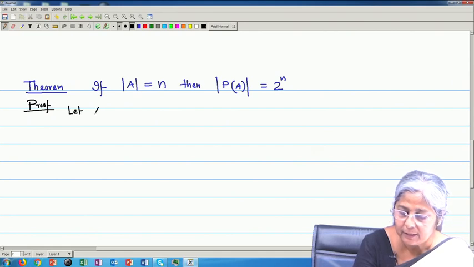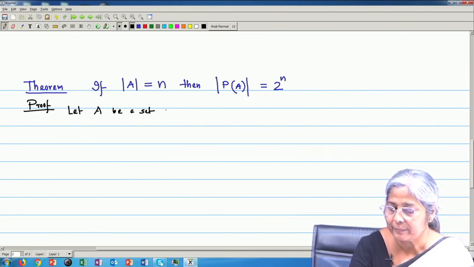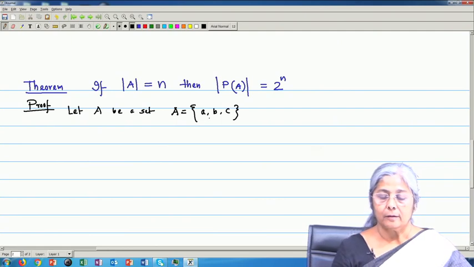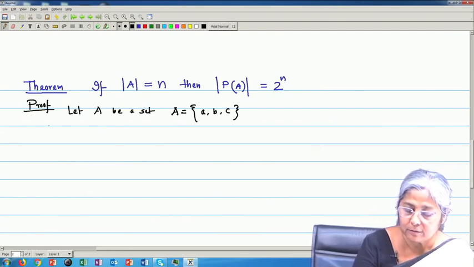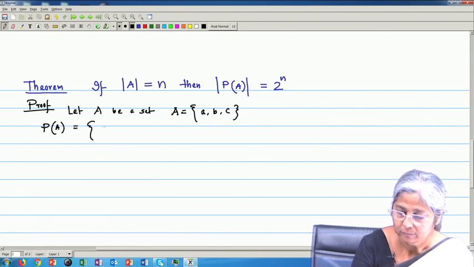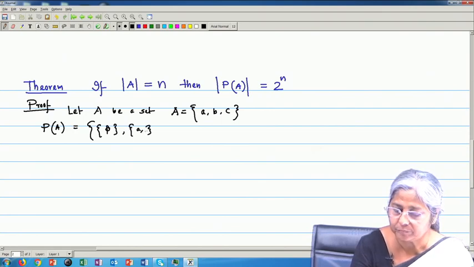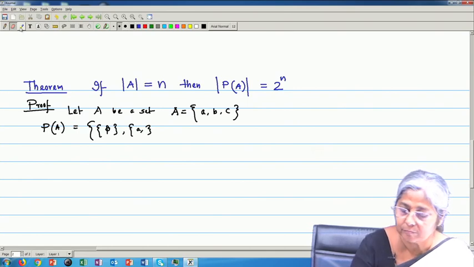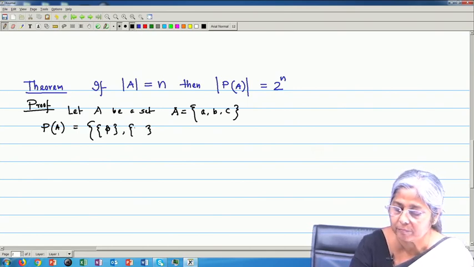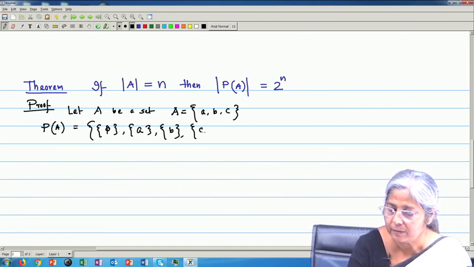Let A be a set with 3 elements like ABC. Just now we have seen that the power set is phi, A, B, C, and so on.